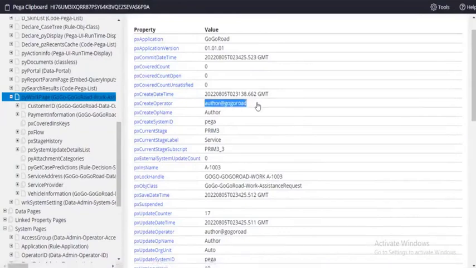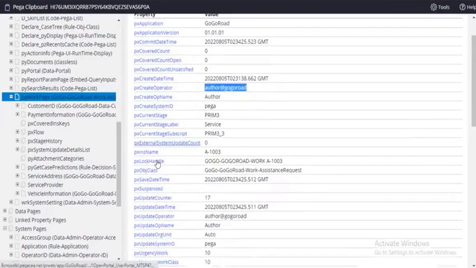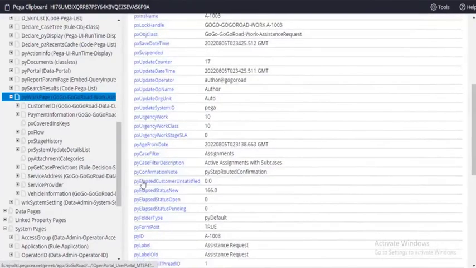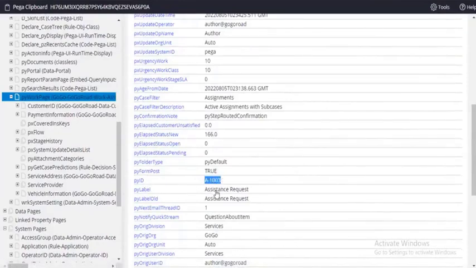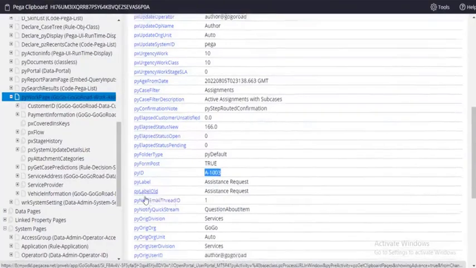I have created it, you cannot change it, you cannot manipulate the data in these properties. You see you have some PY properties, pyID, our case ID, pyLabel. These PY properties you can change, in the sense you can read and write. And you have PZ properties.